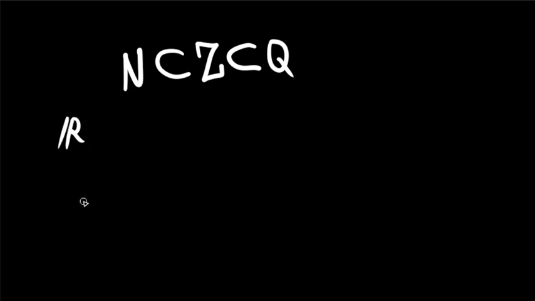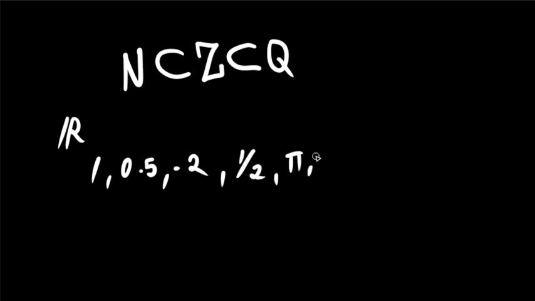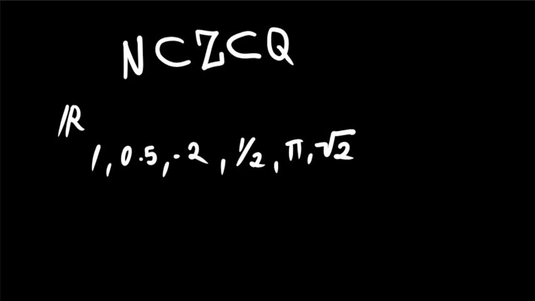The basic definition for real numbers is any number that has a decimal representation: 1, 0.5, negative 2, 1 half, pi, square root of 3. So any of these numbers, any actually that belongs in the sets that we've mentioned earlier, are all real numbers.